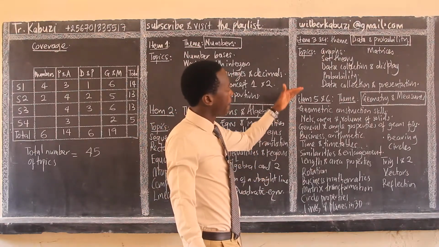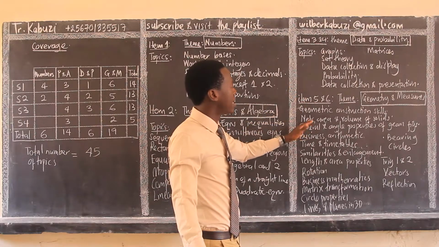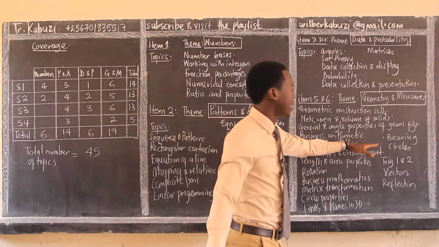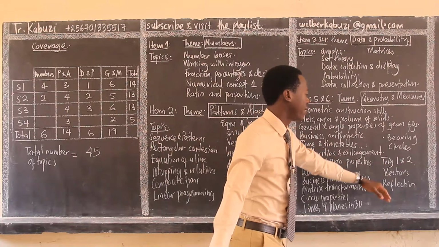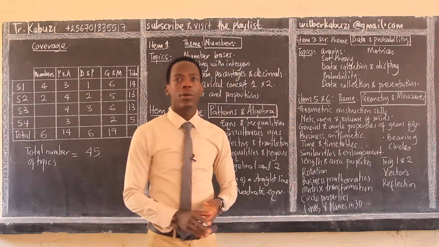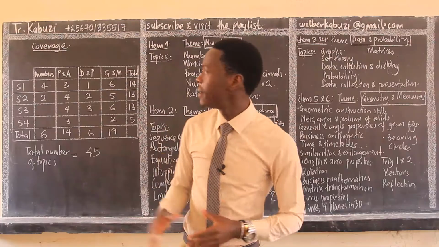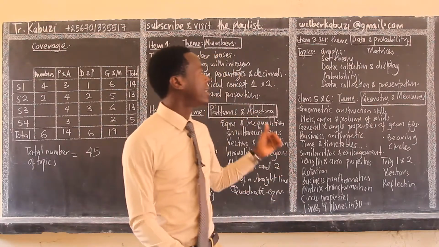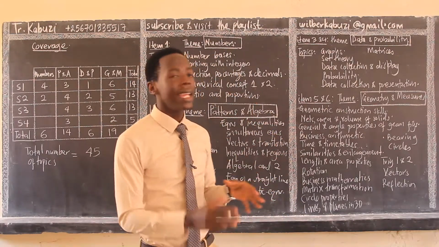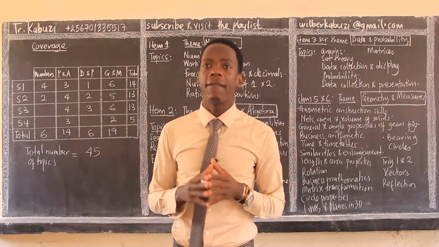These are the topics: geometry and measures, nets and solids, bearings, circles, trig 1 and trig 2, vectors, reflections, and so on. So that's the first thing, the topics, the items, and the themes where those topics fall.